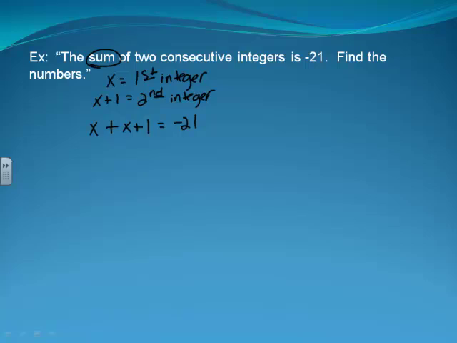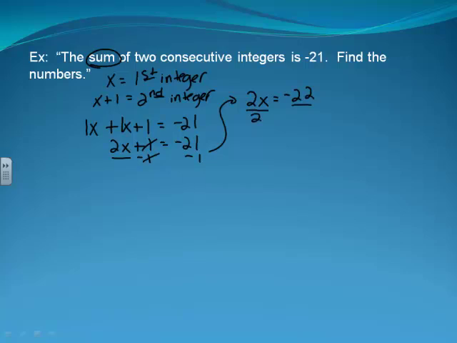Now it's simply a matter of solving the equation. Here we've got understood 1's in front of our x's, so 1x plus 1x is 2x, plus 1 equals 21. Trying to solve for x, so let's move that term that has nothing to do with the x. Subtract 1 from both sides. Now we've got 2x is equal to 21 minus 1, which is 20.